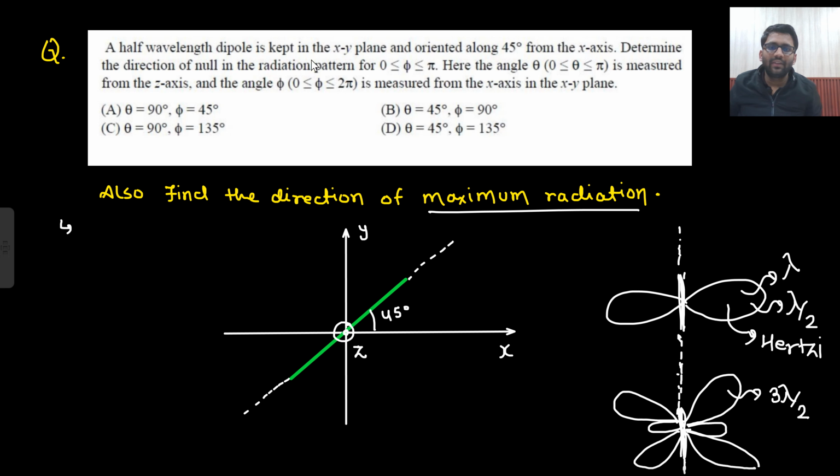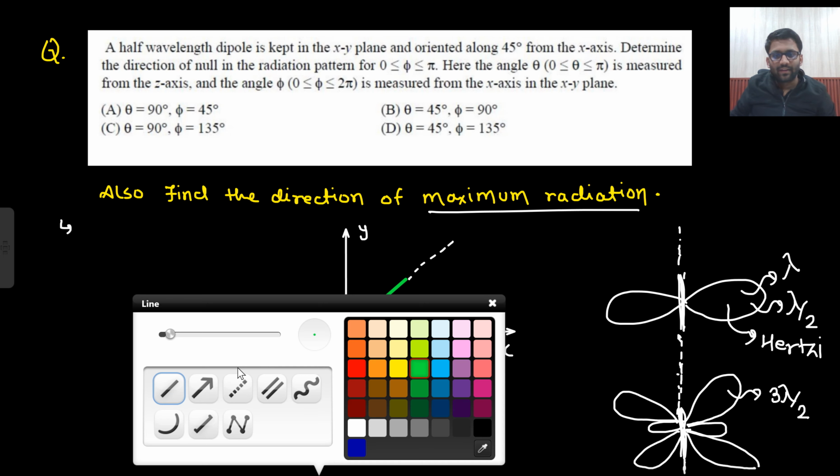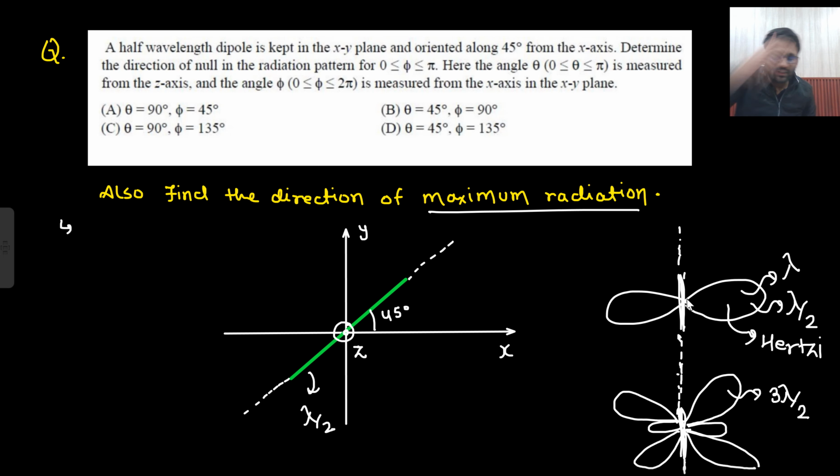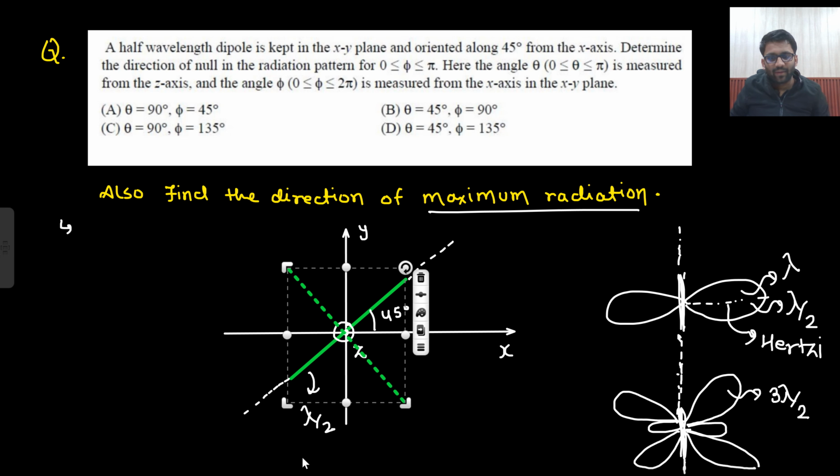And here which length is given? Half wave length, lambda by 2. So for lambda by 2, do you remember what kind of standing wave pattern you get? At the 90 degree angle, you get these 2 lobes. At 90 degrees I will have my maxima.